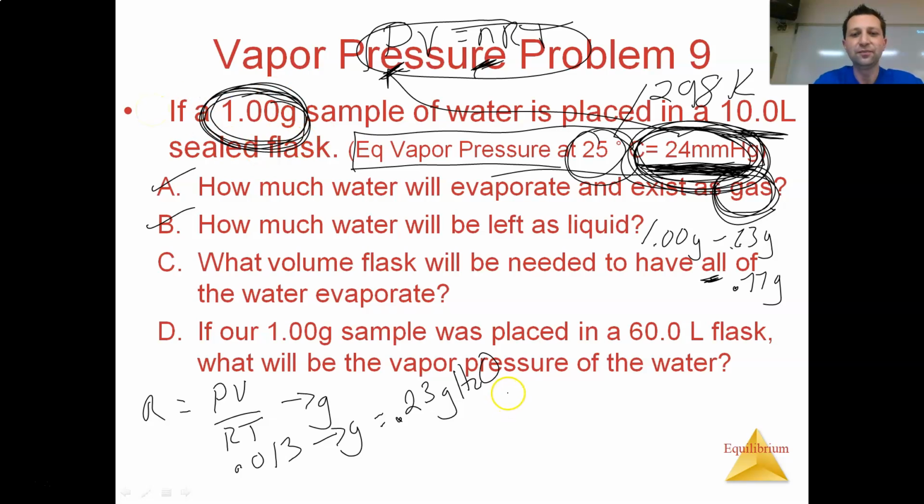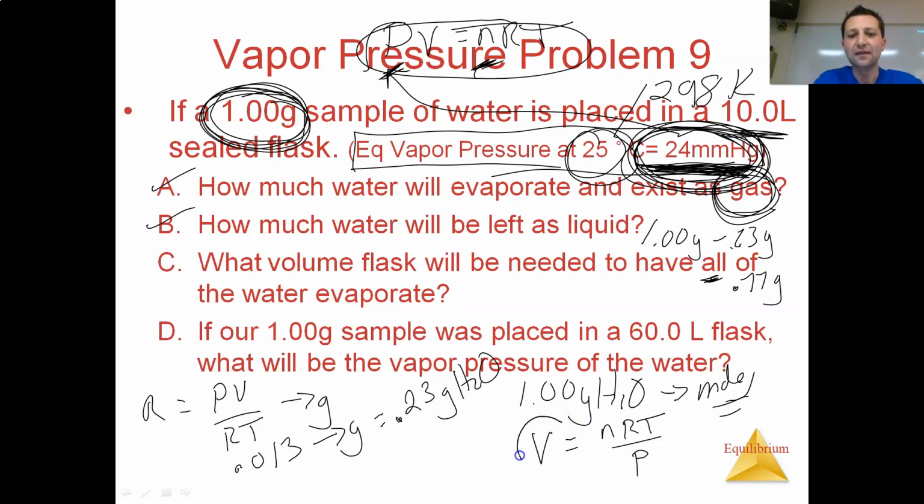All you've got to do is convert 1 gram of water into moles and plug it into PV equals nRT. But you're going to solve that for volume. Volume equals nRT over P. That will tell you how big your flask needs to be to have all of this evaporate and to create this partial pressure.